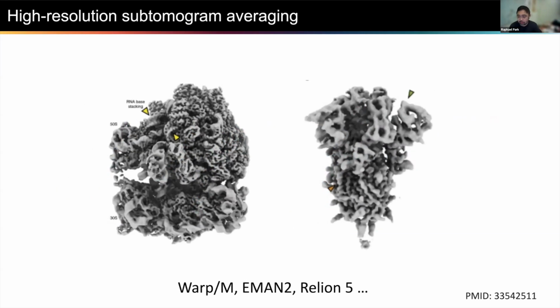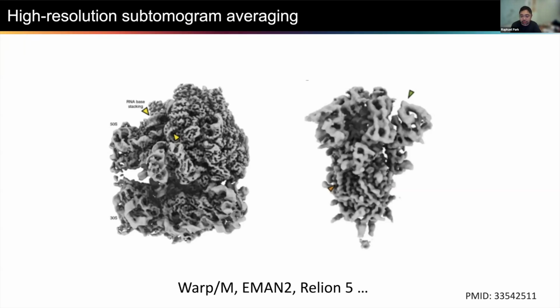Like what Young previewed, the old notion is that people think cryo-ET is really for low resolution averaging work, but that idea has been changing over time, of course thanks to development of new algorithms to reconstruct averages and also to prepare samples.